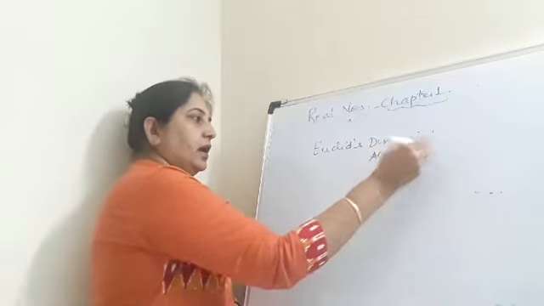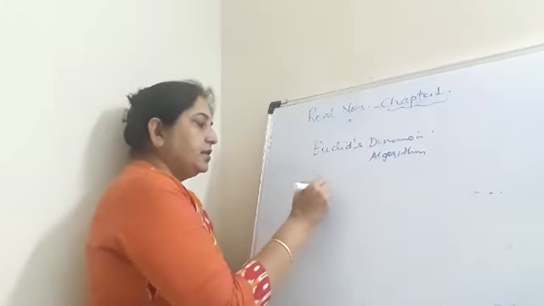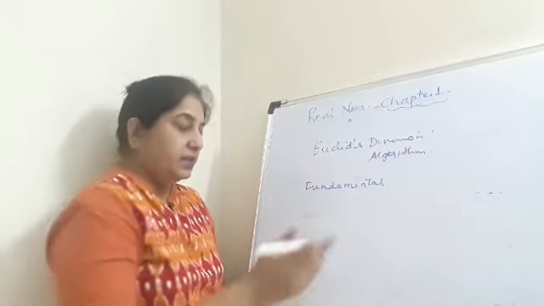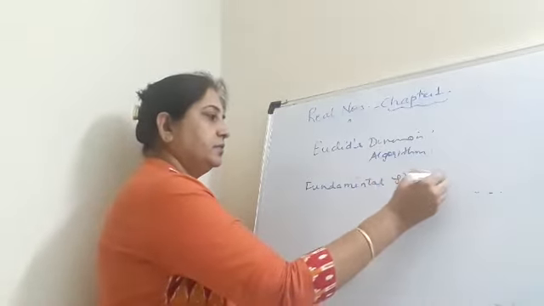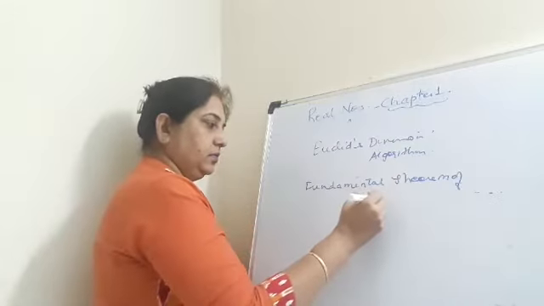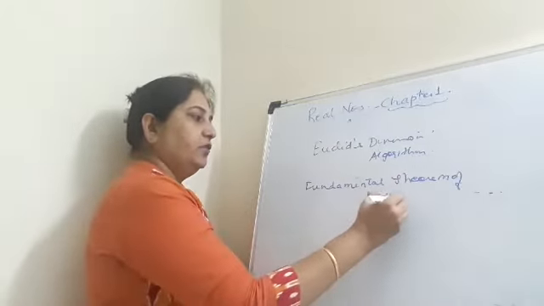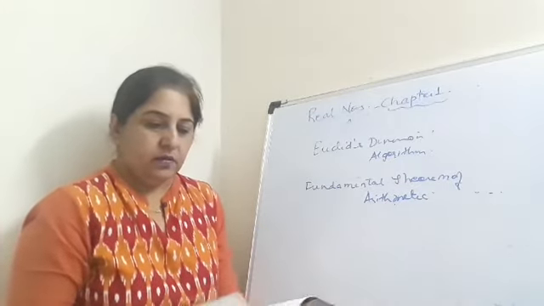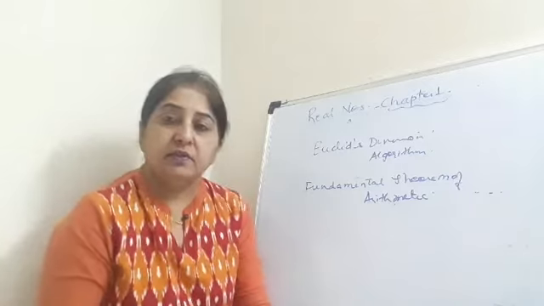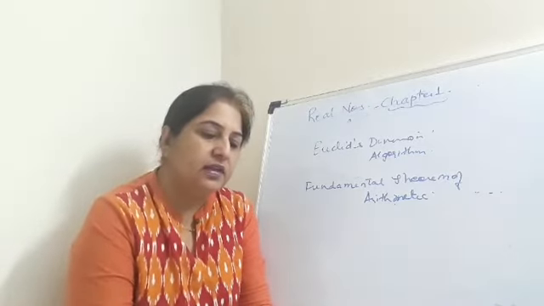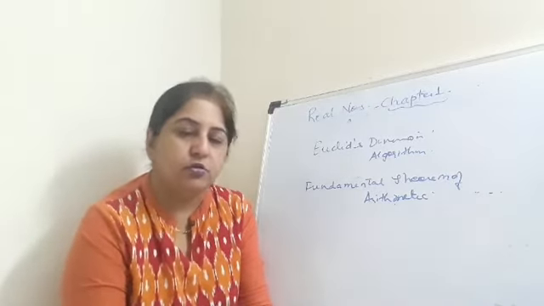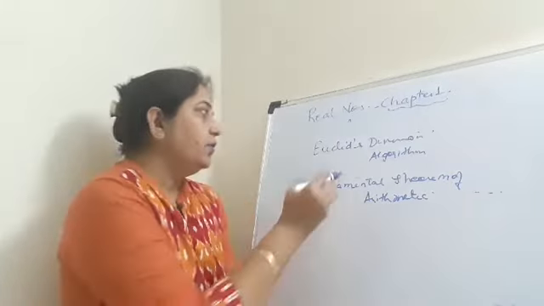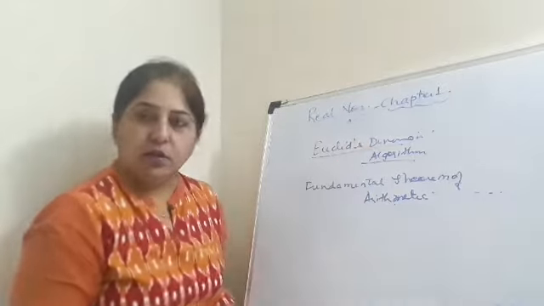And the other is the fundamental theorem of arithmetic. Okay, fundamental theorem of arithmetic. And in the index, when we go, we have revisiting irrational numbers and revisiting rational numbers and their decimal expansions. That also we will study in the later part of the chapter. Now starting with today, I'm going to explain to you what is Euclid's division algorithm, right?